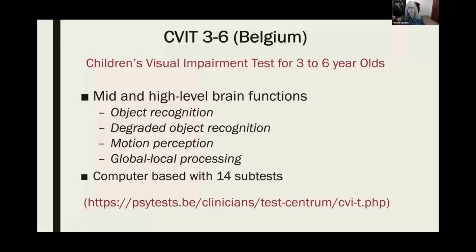So you can just go online, sign up, register, and then administer the tests. And again, not just look at the scores, but look at the types of items that children can or can't respond to correctly to get some sense of another aspect of their CVI.